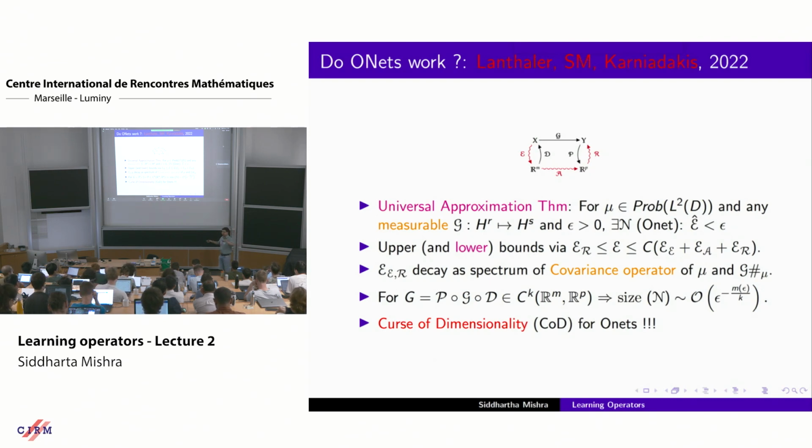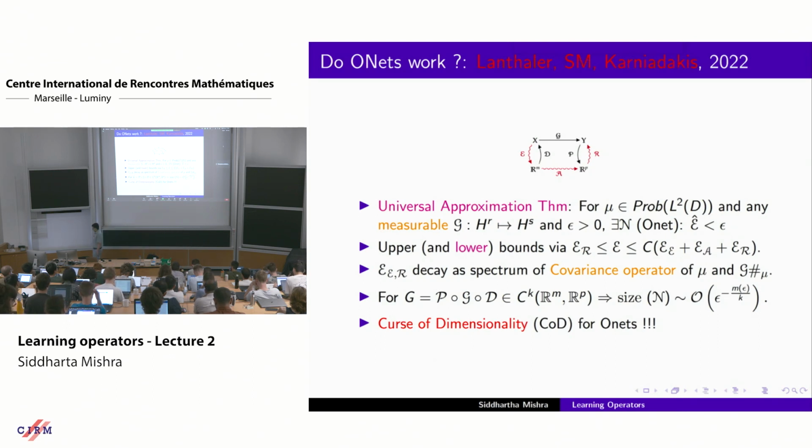So as much accuracy as you want, you'll see in a minute how this error is measured. Okay, so this is the first thing. You have the same sort of universal approximation for operators that neural networks have for functions. So some version of it was already there in Chen and Chen quite a time back.